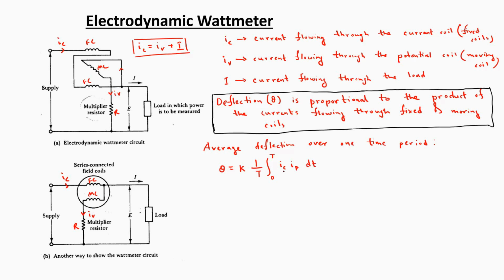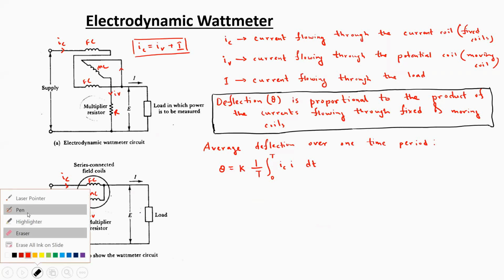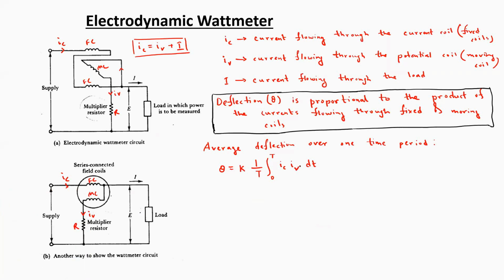So the product of the two currents, instead of IP, I should write here IV, because we're representing the current flowing through the moving coil by IV.